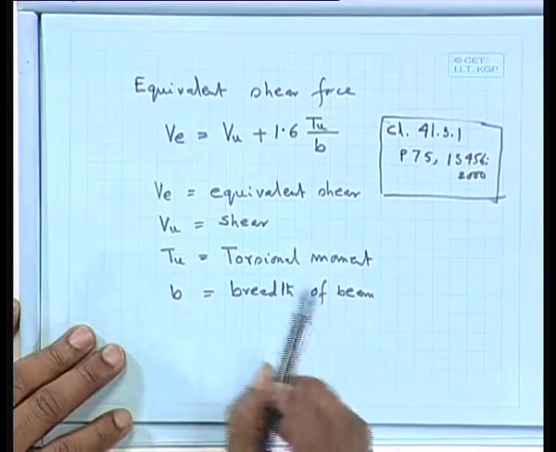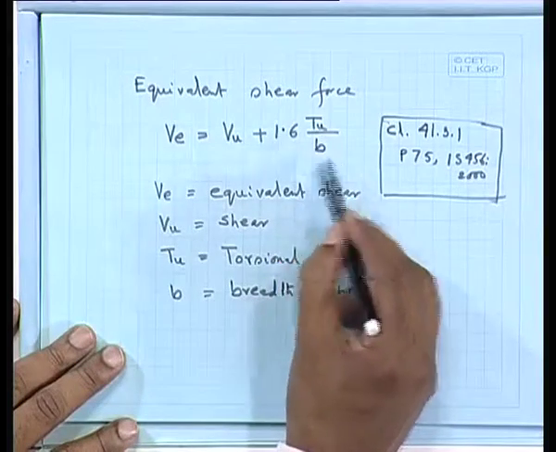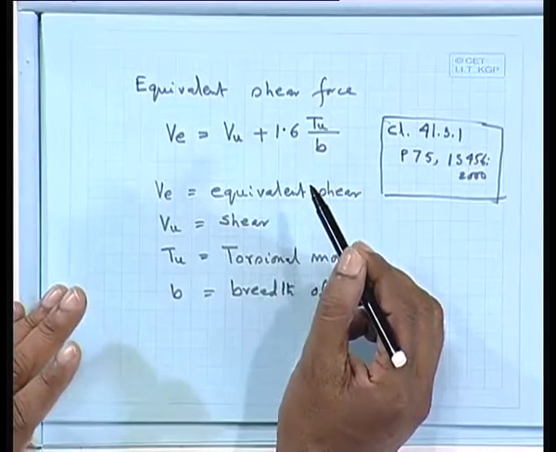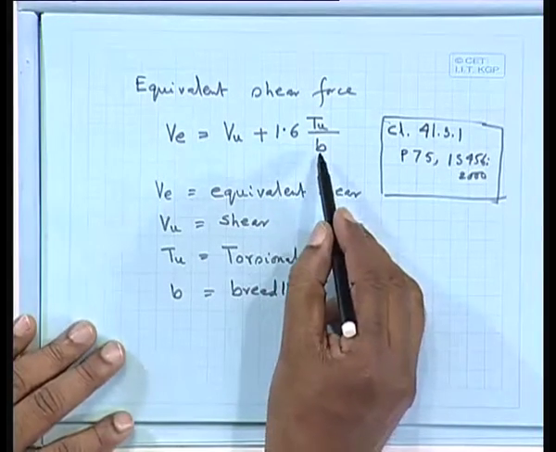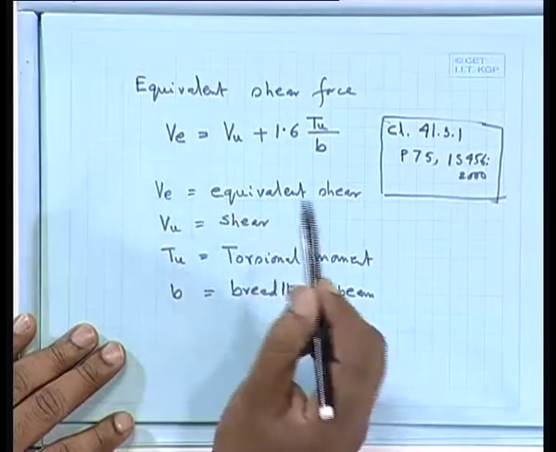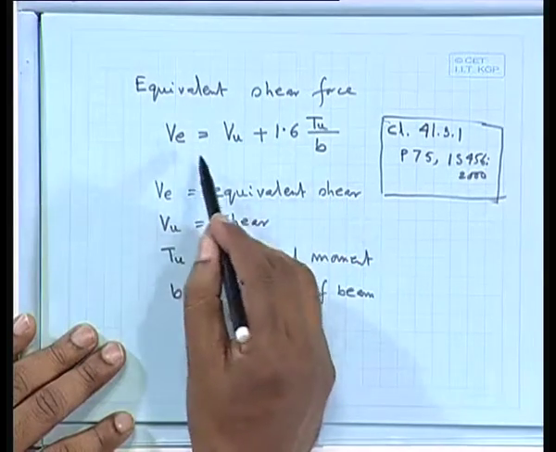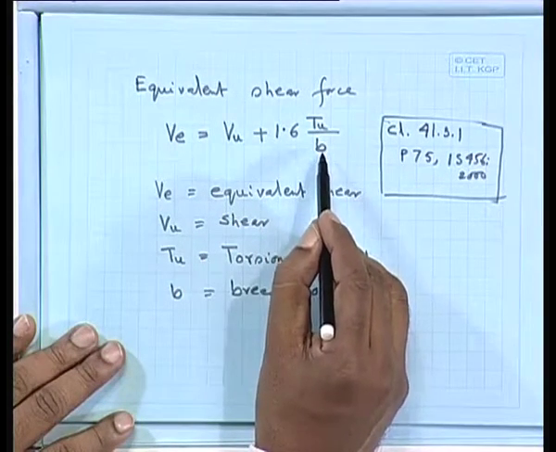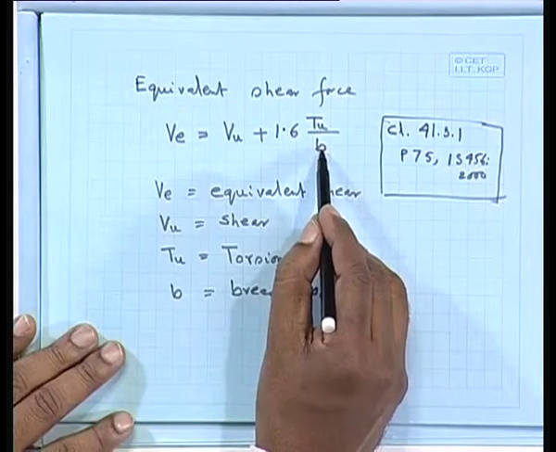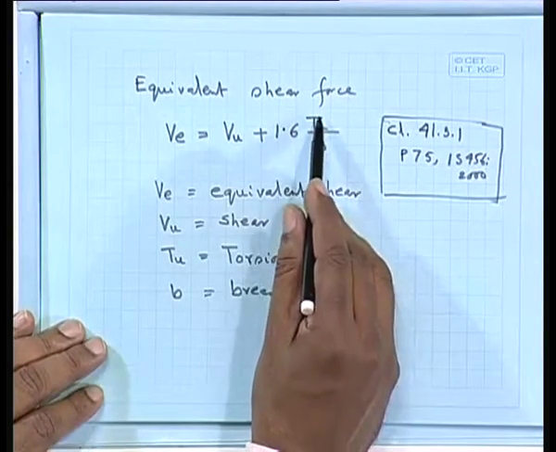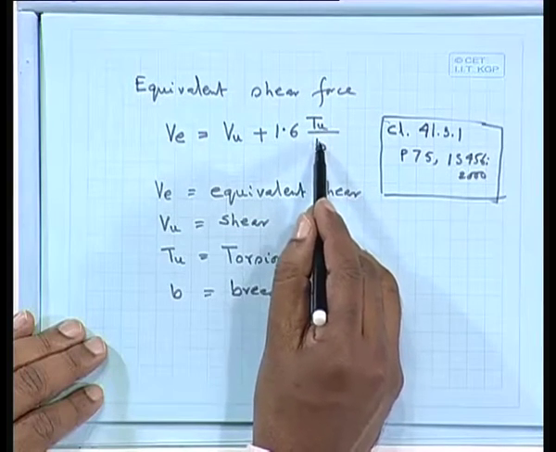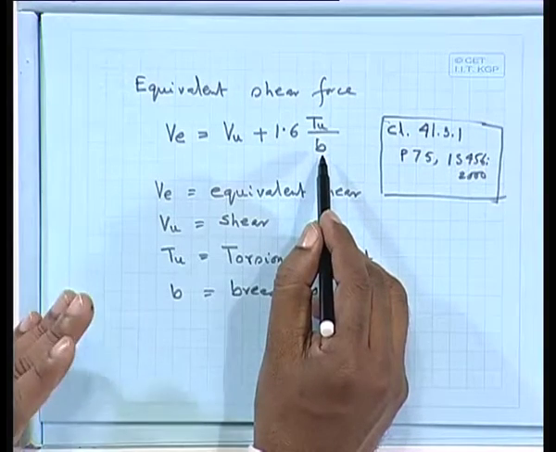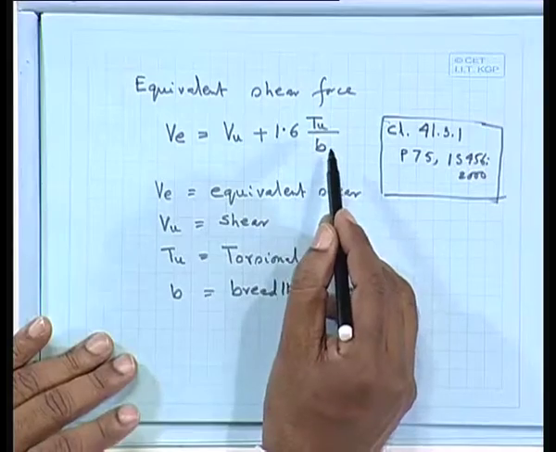So, here one parameter is in our hand, that is B. VU and TU are coming from the analysis due to applied load. Now, the equivalent shear we can reduce by taking a proper width of the beam. Since B is in the denominator, we can take that B, which generally we take as 250, governed by the wall thickness, and change it to 300 also.